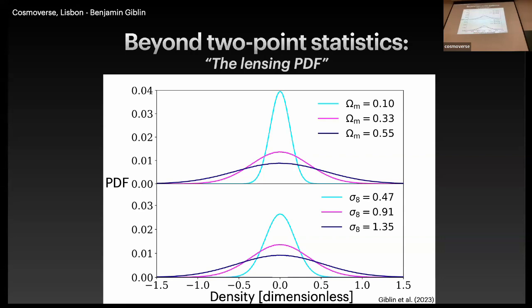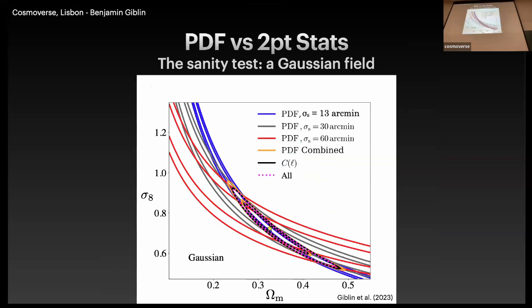The first thing we wanted to do was a simple sanity test with simulated Gaussian fields. So in this case, your 2-point statistic that we normally use in weak lensing is going to be optimal. Here you've got the constraints on omega m and sigma 8 again, and the blue, grey, and red contours are all from the lensing PDF as you increase the smoothing.